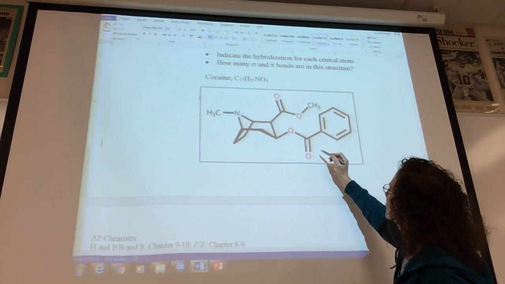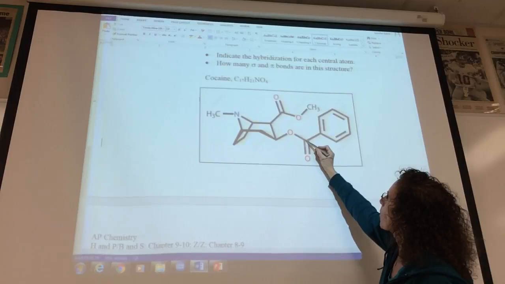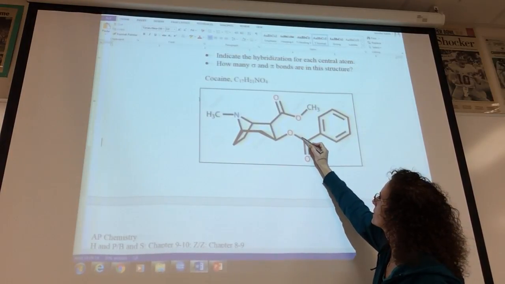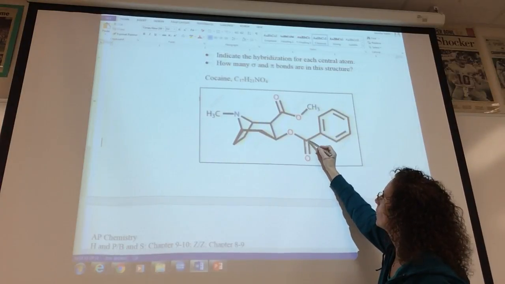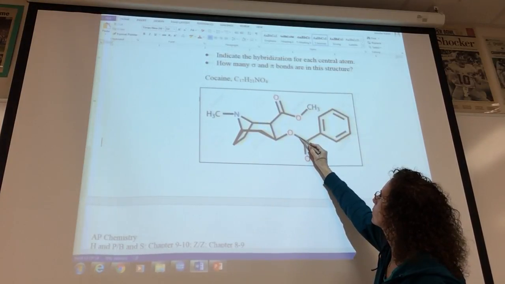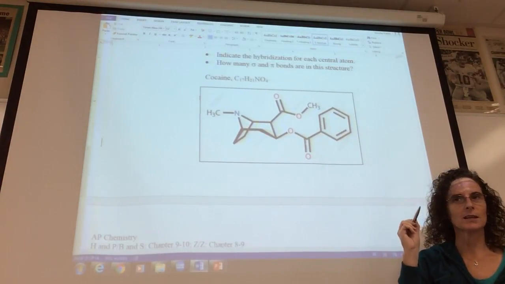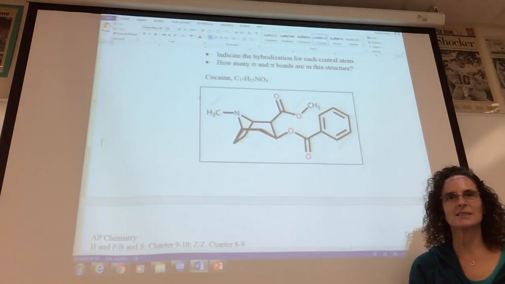And I made it very easy, like wherever the points meet, this is a carbon. So if this is a carbon with a single, single, and a double, how many electron groups? 1, 2, 3. So that would be sp2. And that is as easy as those questions are on the quiz.